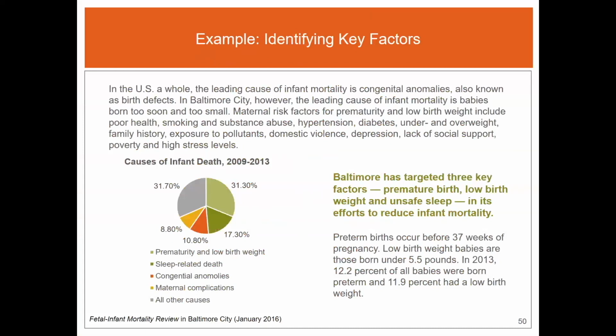And by developing a set of strategies that focused on premature birth, low birth weight, and unsafe sleep, they've been able to make really great strides in driving down infant mortality in the city. Collective action, everybody knows what their contribution and role is, and they're all trying to address the same factors.